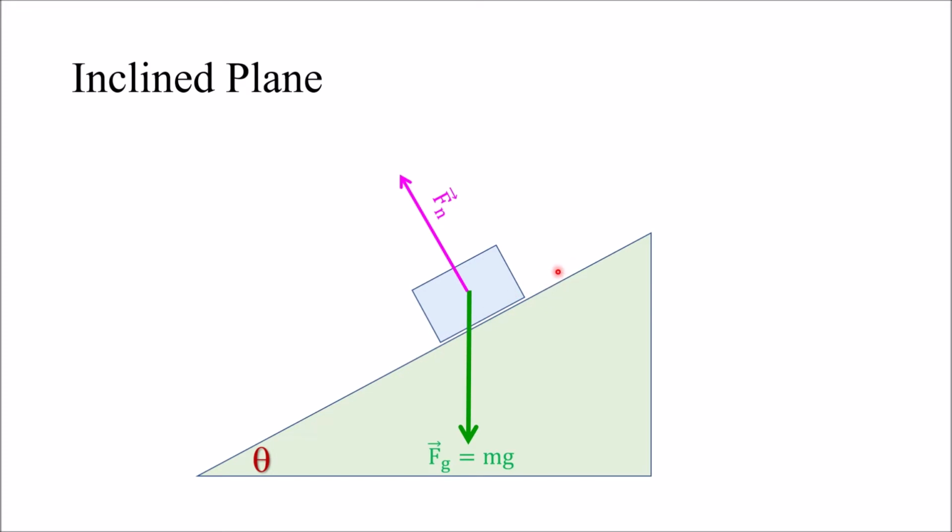And so the next step would be to assign a coordinate system and say, how are we going to analyze the position of this block with time with respect to some origin? And so we could come up with a coordinate system like this where we have left and right and up and down.